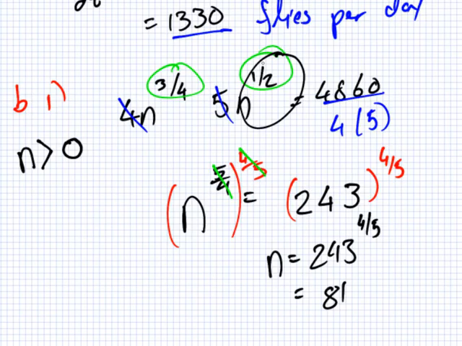So if I had a choice at the end between a positive and a negative, I must choose the positive. So 81 is the only answer I get here. There's no negatives or anything to consider.